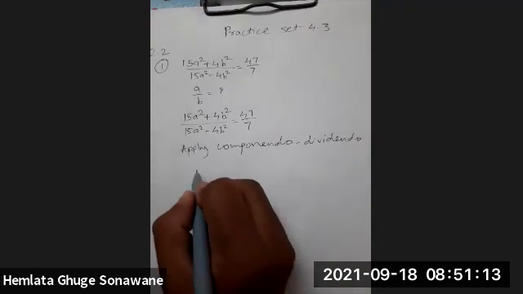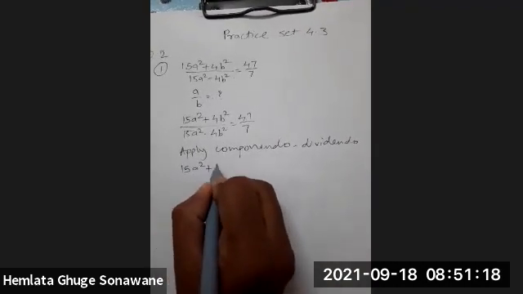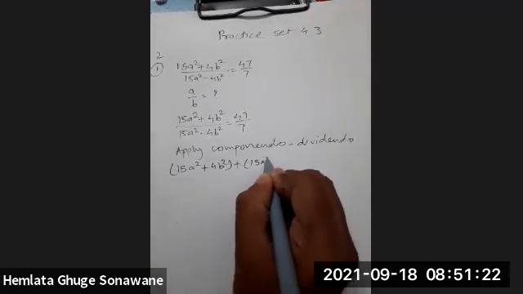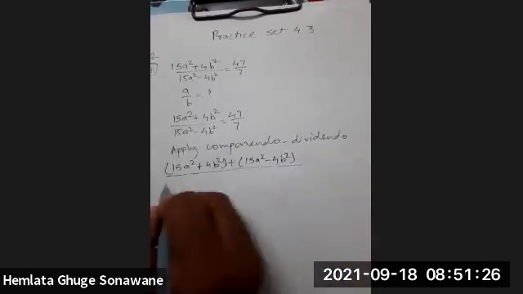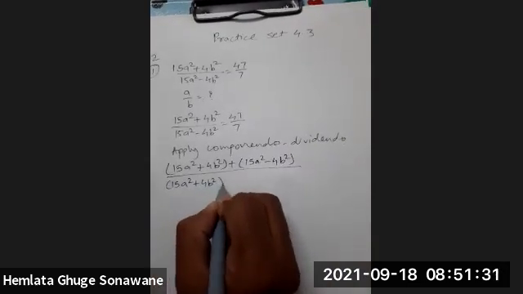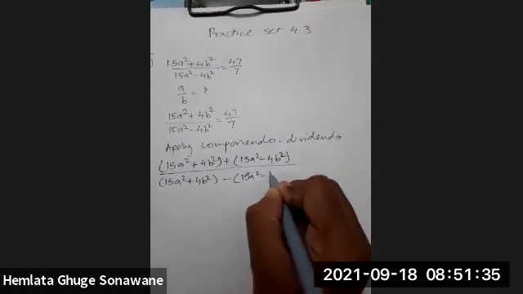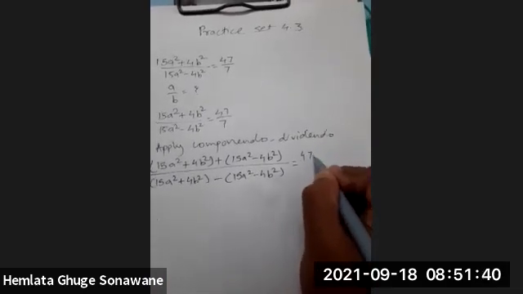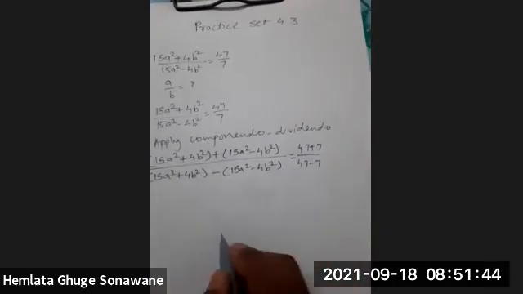So it becomes (15a square plus 4b square plus 15a square minus 4b square) upon (15a square plus 4b square minus 15a square minus 4b square) is equal to (47 plus 7) upon (47 minus 7).